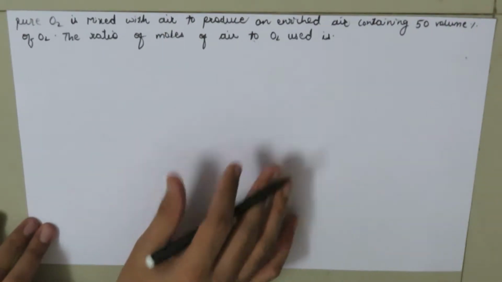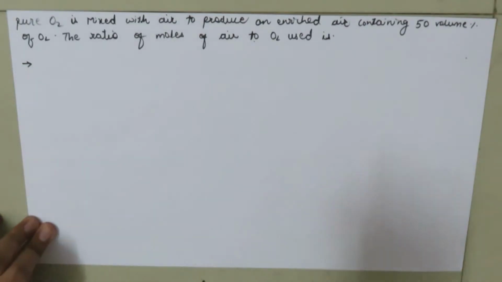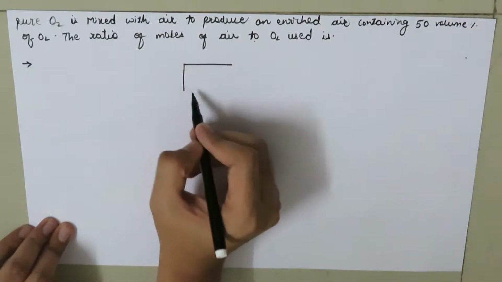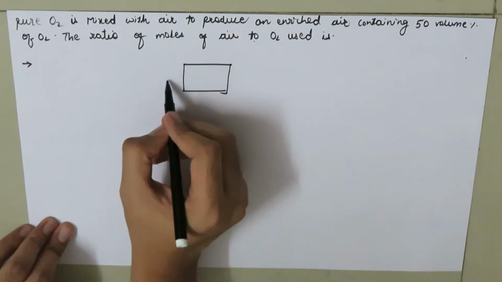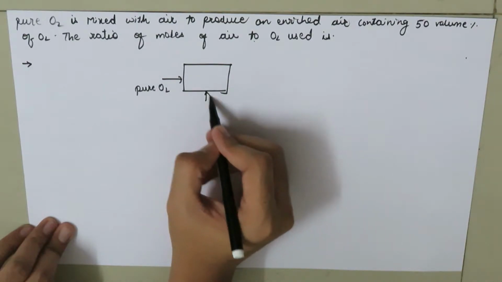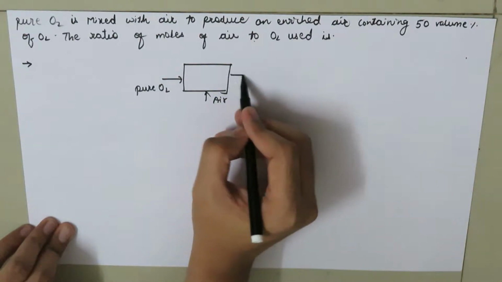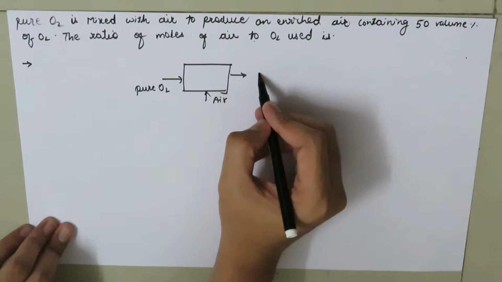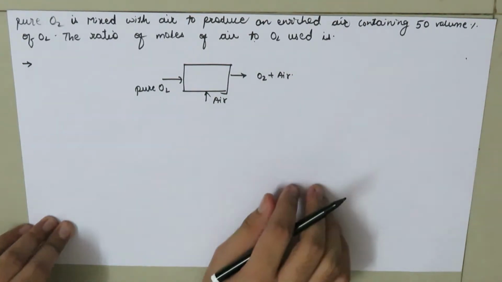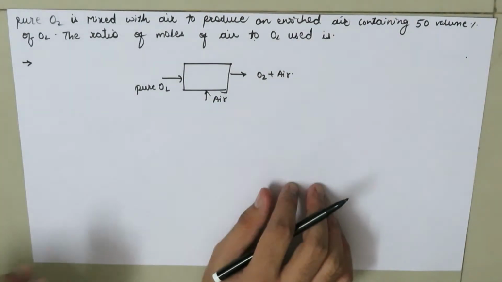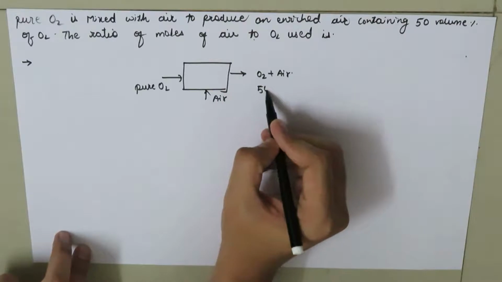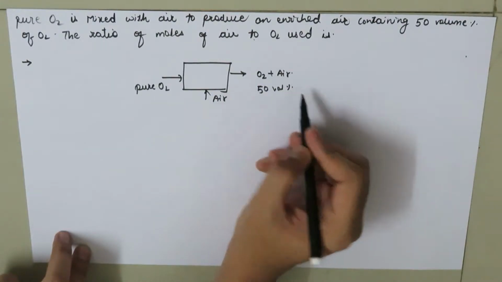So in this case, let us draw a diagrammatical representation of this problem. So here we have mixed pure oxygen and air to produce oxygen plus air, and here the volume percentage of oxygen in the product is 50 volume percent.